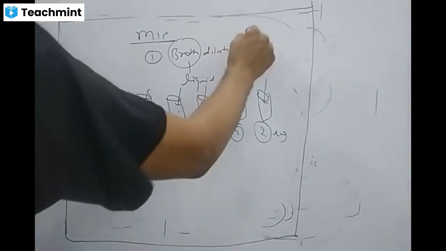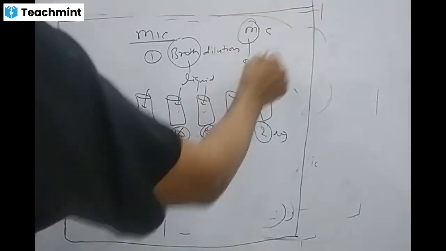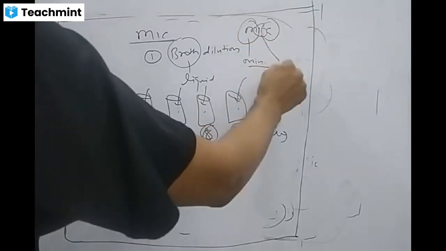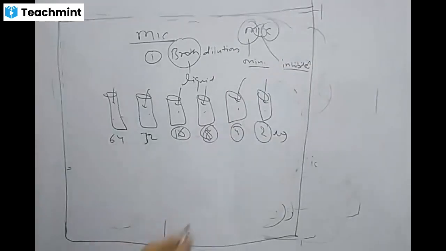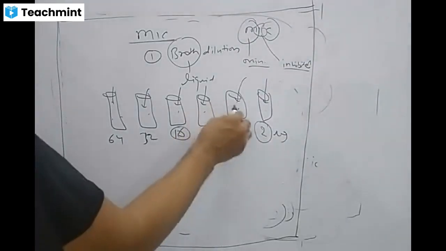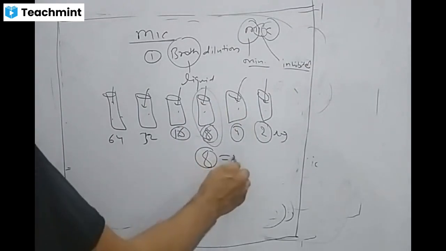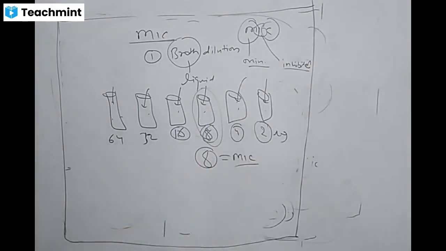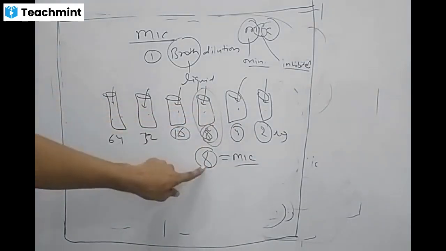MIC is the minimum concentration at which growth is inhibited, so we cannot see the growth. Suppose this concentration, 8, is the MIC; then the growth is inhibited for the first time in this case.